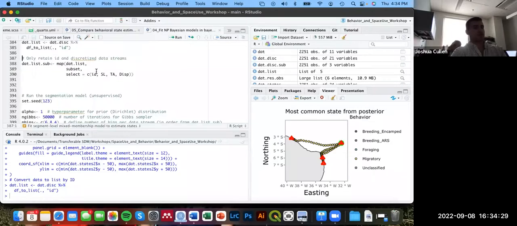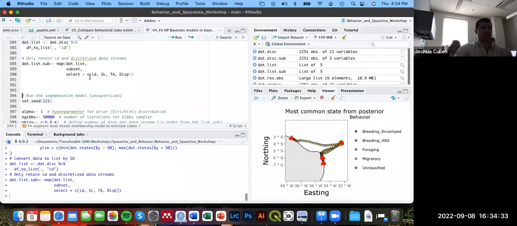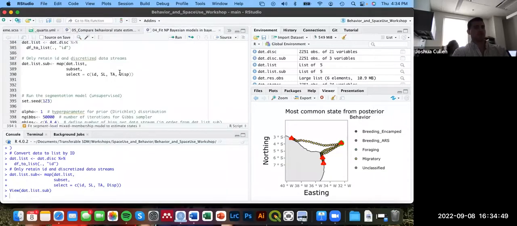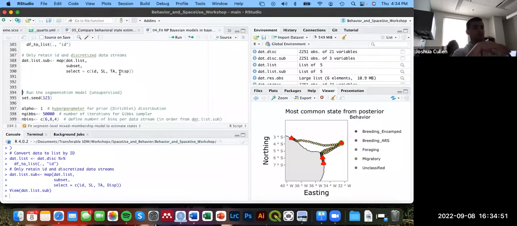So the ID column is included for the M4 model. But again, the structure is a list. If I open up dat.list, we see there's a list of data frames where each element is a different ID. That's how we need to feed it into this model, and that's how it can run this model in parallel.